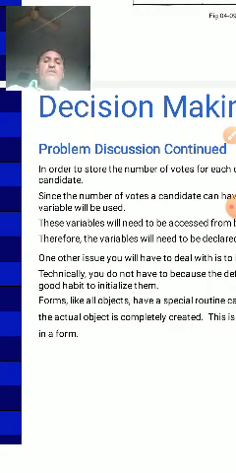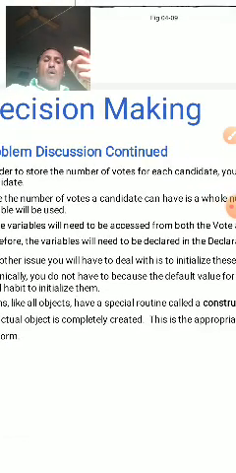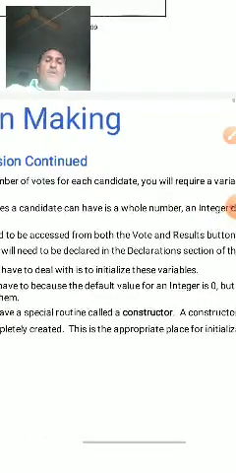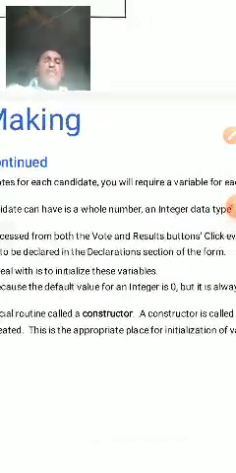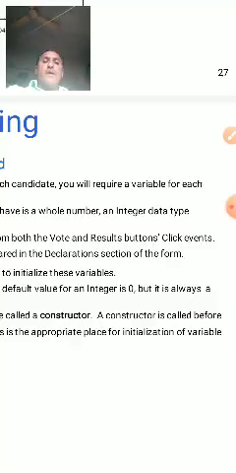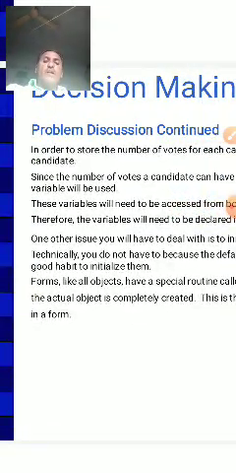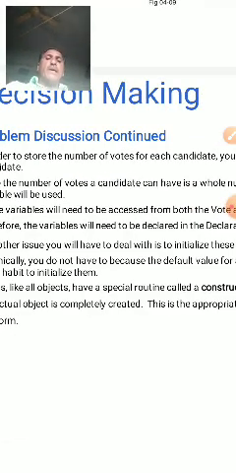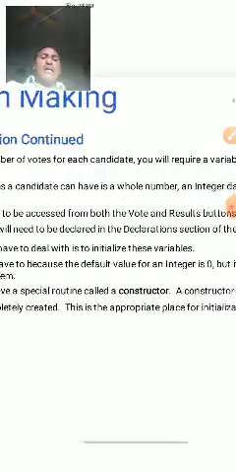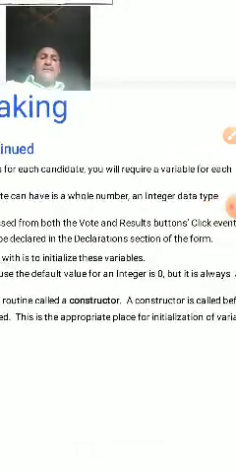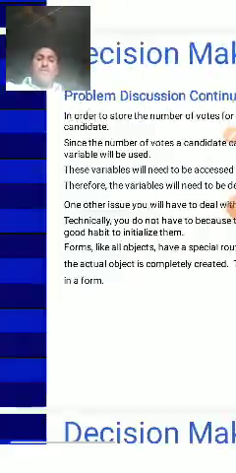These variables will need to be accessed for both the vote and result button click events. Therefore, the variables will need to be declared in the declarations section of this form.